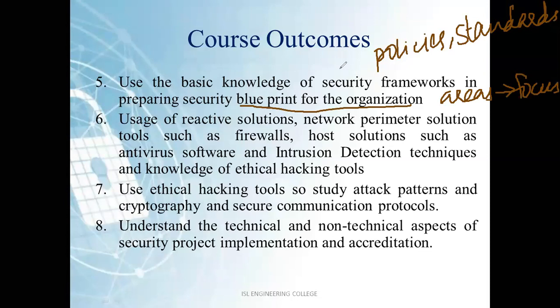Then the next is usage of reactive solutions, network perimeter solution tools such as firewalls, host solutions such as antivirus software, intrusion detection techniques, and knowledge of ethical hacking tools. Now, what is the necessity of using firewalls? Where do we use firewalls?